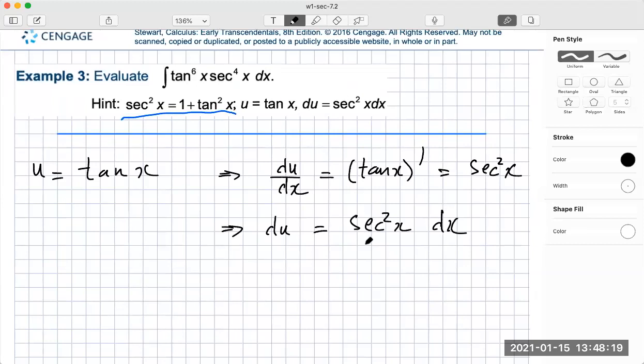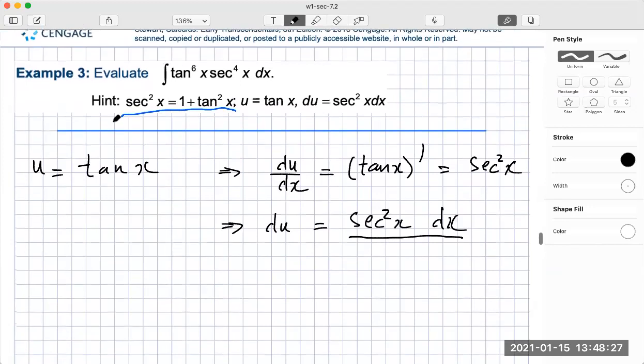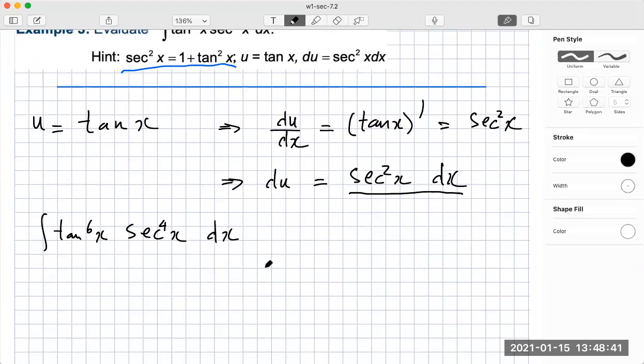So it means that we need to replace secant square x dx by something in terms of tan, right? But the original problem is here. It is the integral of tan to the 6th x secant to the 4th x dx. What should we do now? Perfect.